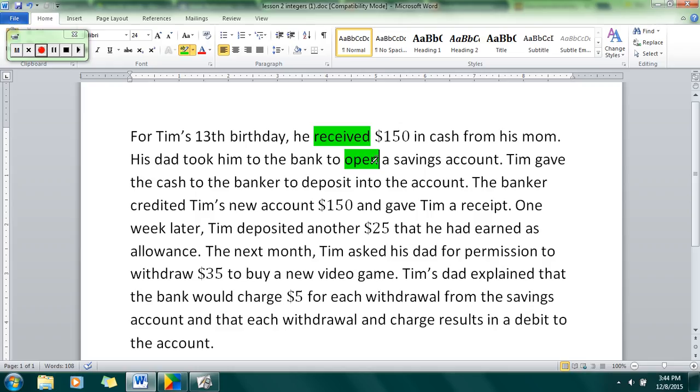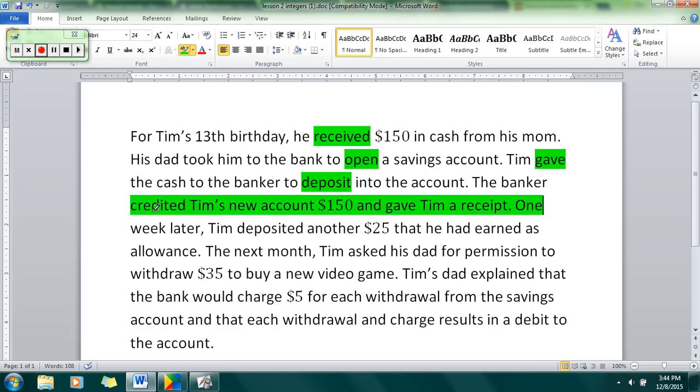Tim gave the cash to the banker to deposit into the account. The key word here is gave, and also deposit. Those are both positive integers. That means you're getting something. The banker credited Tim's new account $150 and gave Tim a receipt. In this case, credited means a positive integer.